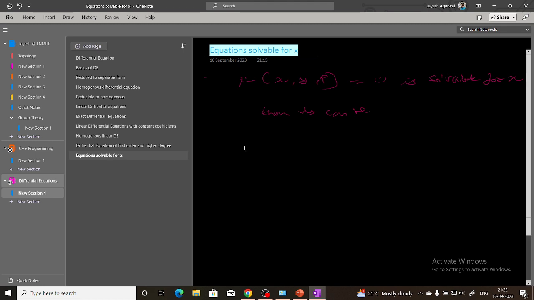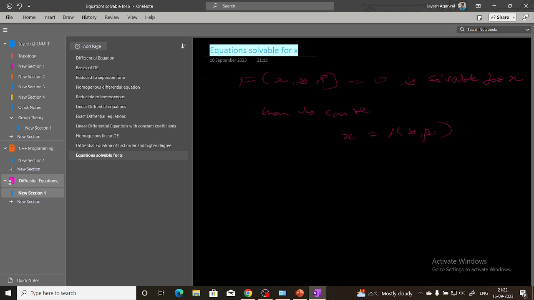But here, when the equation is solvable for x, what we have is x equal to f of y comma p.